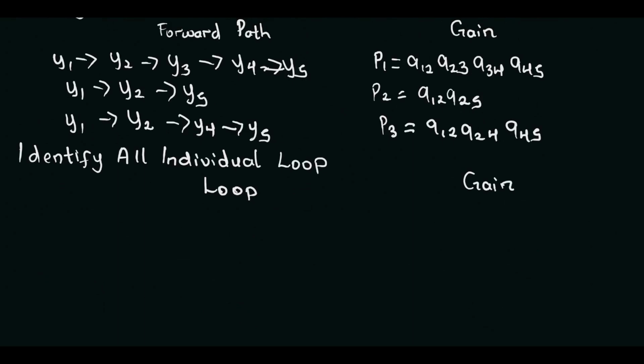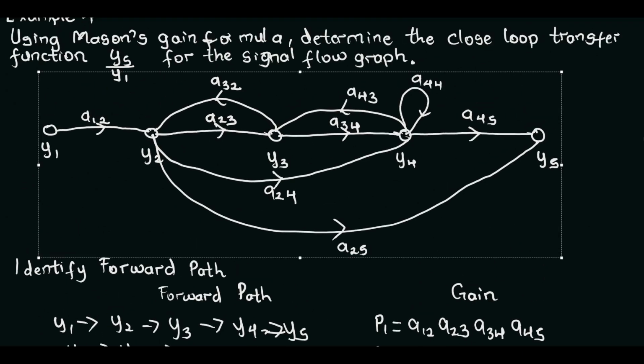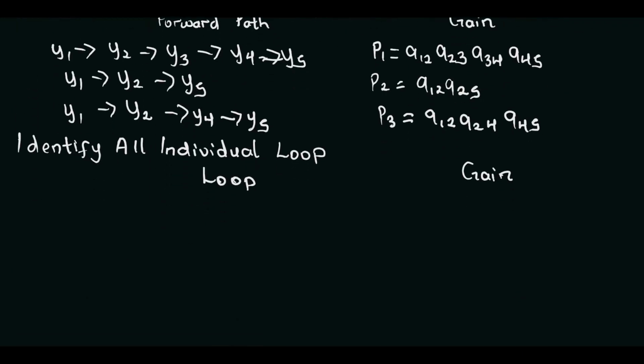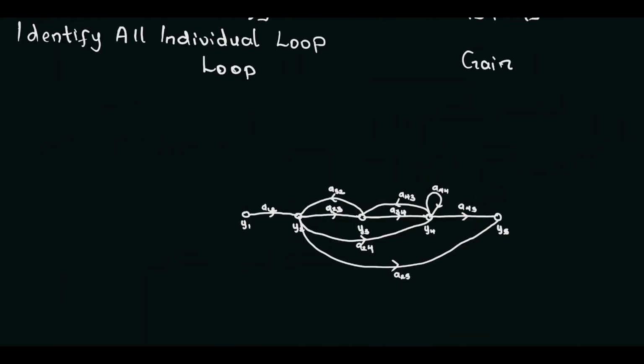So let's write out our loops. We have first loop Y2, Y3, and Y2, and your gain will be A23, A32.